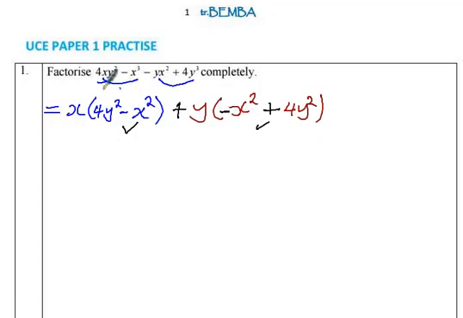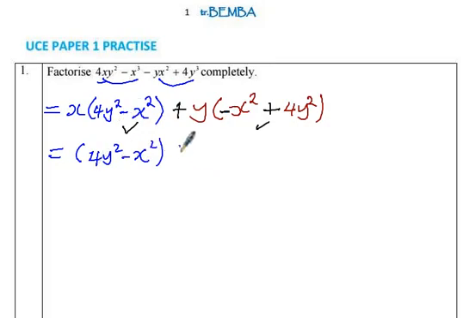So when I write this again, what I have in these 2 brackets is the same, 4y squared minus x squared. When I have this, I can simply put this here and then it becomes exactly this.